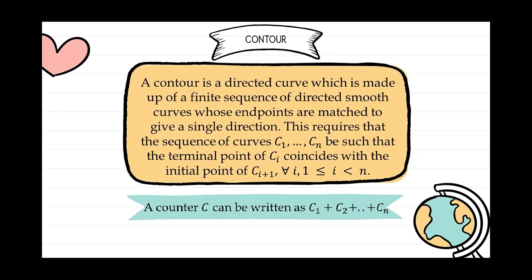And now we are going to learn about contours. A contour is a directed curve which is made up of a finite sequence of directed smooth curves whose endpoints are matched to give a single direction.